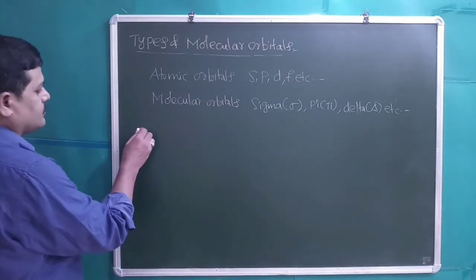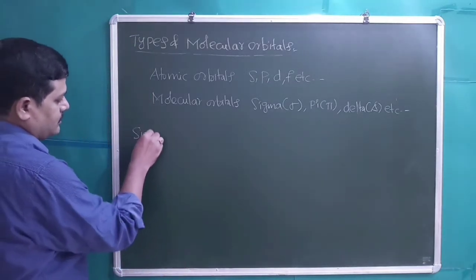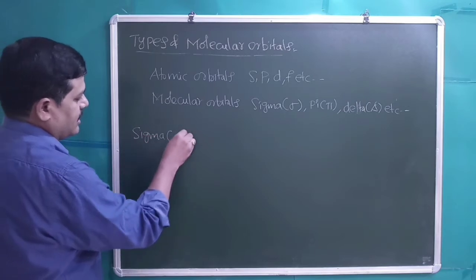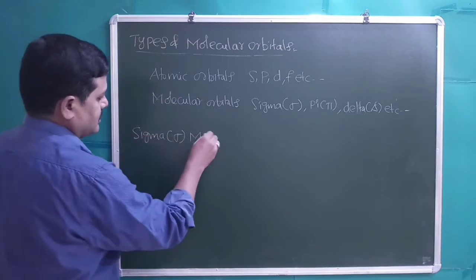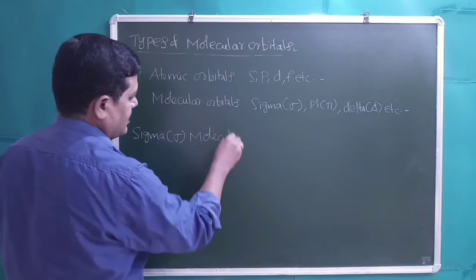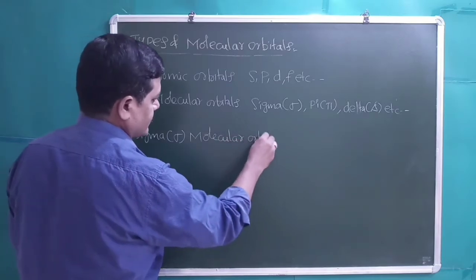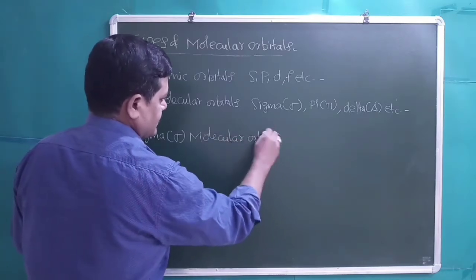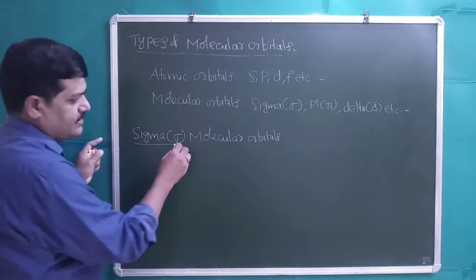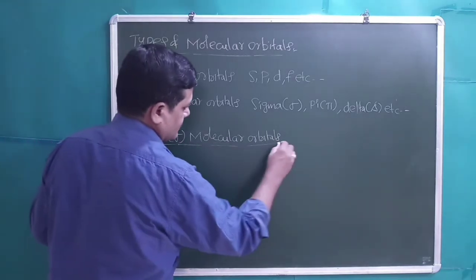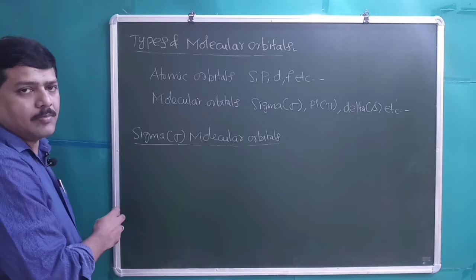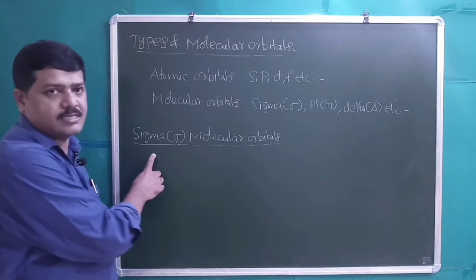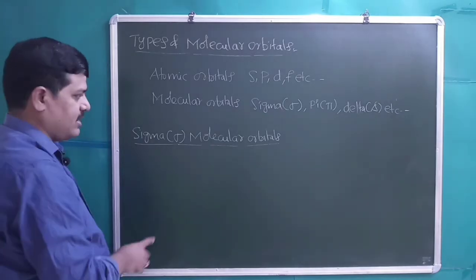Next is sigma molecular orbitals. Sigma molecular orbitals are of two types: sigma bonding molecular orbitals and sigma anti-bonding molecular orbitals.